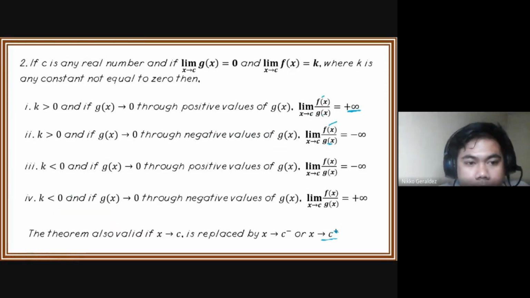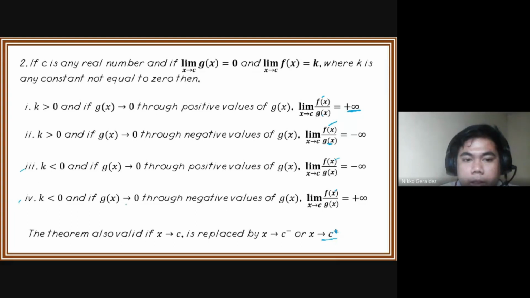And case 3: if k is less than 0, and g of x approaches 0 through positive values, then the limit of f of x over g of x as x approaches c is negative infinity. Then case number 4: k is less than 0, so negative. So in 3 and 4, k is negative, or f of x, the numerator, is negative.